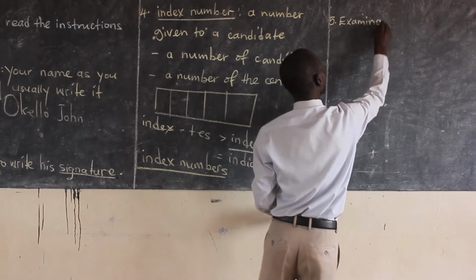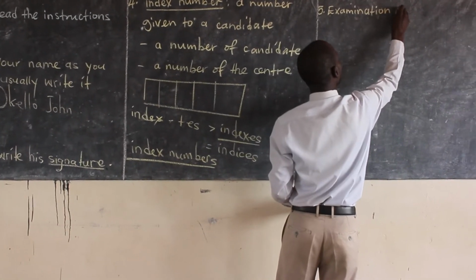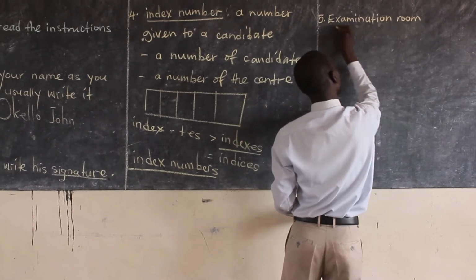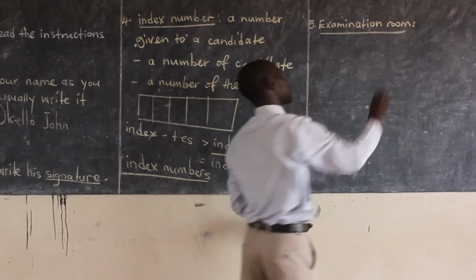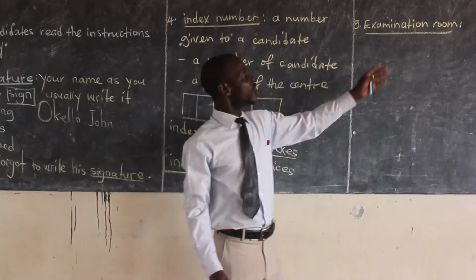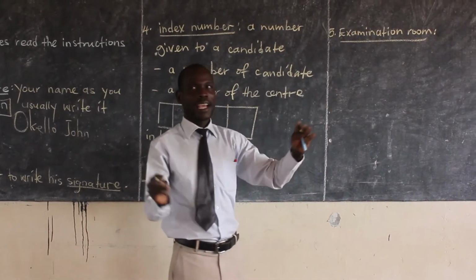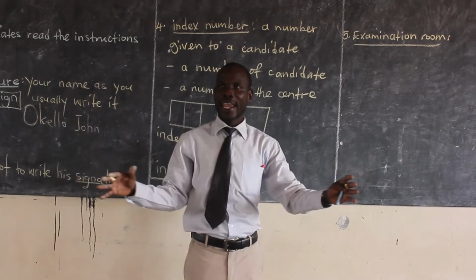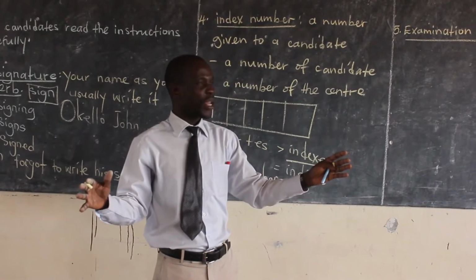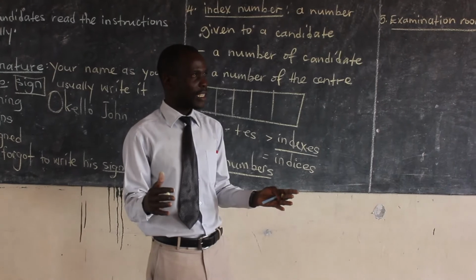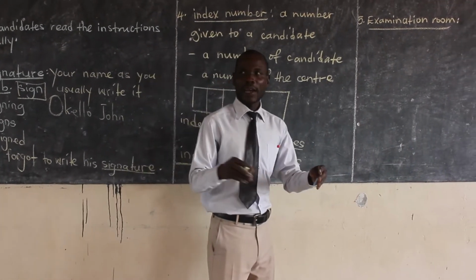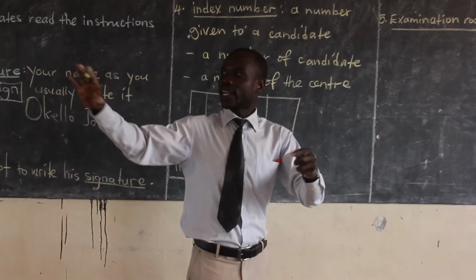examination room. An examination room is just a room where an examination, we can say a formal test, is done. For example, at school you have your classrooms.